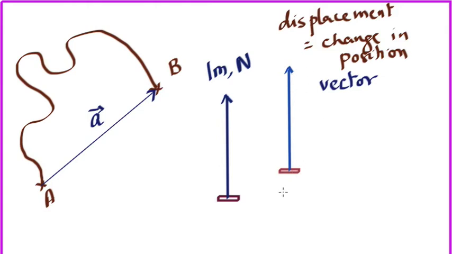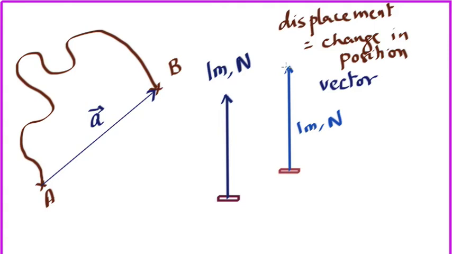It doesn't matter. The important thing is this is also 1 meter north. So these two displacements are identical, even though the starting points are different and the ending points are different.